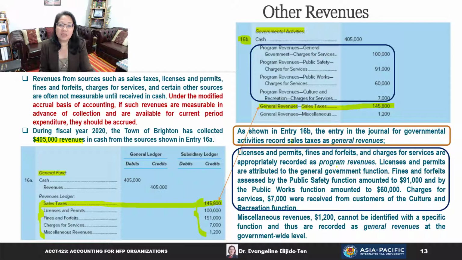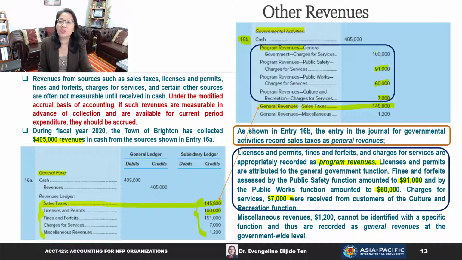Others, such as licenses and permits, fines and forfeits, charges for services, are considered program revenues. And so we will be crediting program revenues for general government, 100,000, and public safety, it says here, is 91,000, for public works 60,000, and for charges for services, other services for culture and recreation, is 7,000.